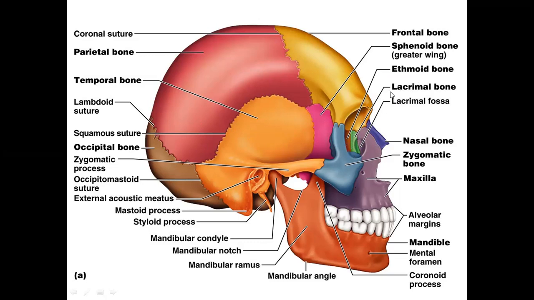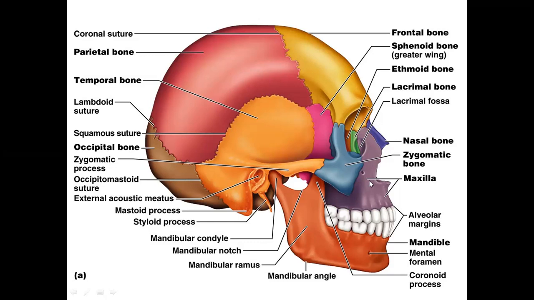In continuation, you find the lacrimal bone, and within the bony orbit we also have the lacrimal fossa. As you saw in norma frontalis, the same bone is seen from the lateral view also, that is the nasal bone, and the sky blue colored bone is the zygomatic bone.